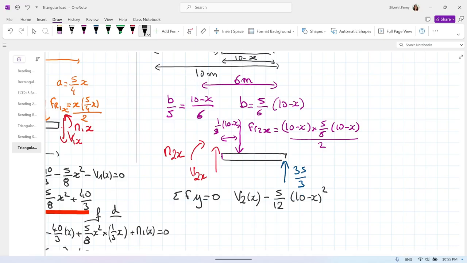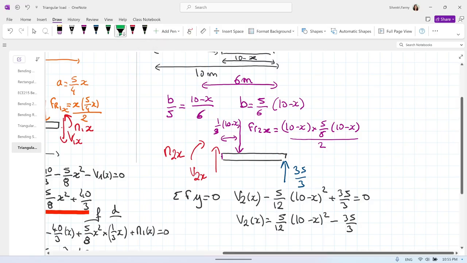You don't need to develop that; keep it as 10 minus x. It's really making more sense to keep 10 minus x. And plus 35/3 equals 0. So V2 of x equals 5/12 of (10 minus x) squared plus 35/3 minus 35/3. So when x equals 10, V2 of x equals minus 35/3.